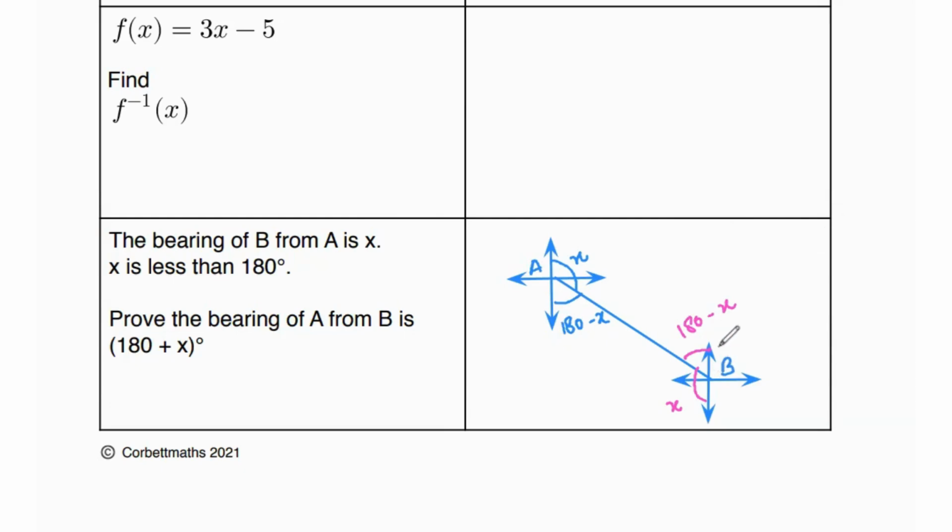So to find the bearing of a from b, we start measuring the angle in clockwise direction from the north of b towards the line where a and b are connected, which is till here. So we already know this angle over here is x because alternate angles are equal. And this angle over here is 180 because it's a straight line. So 180 plus x degrees is your bearing of a from b.